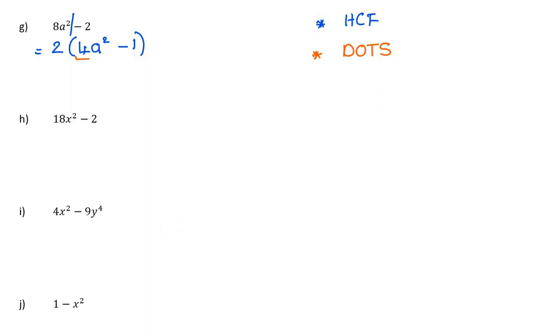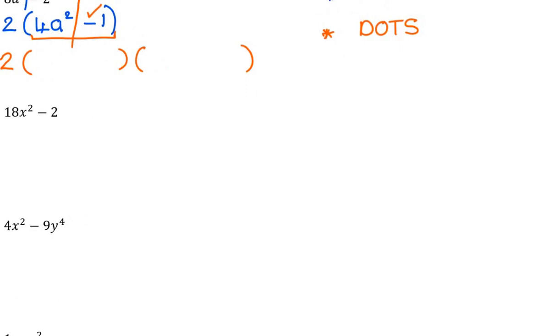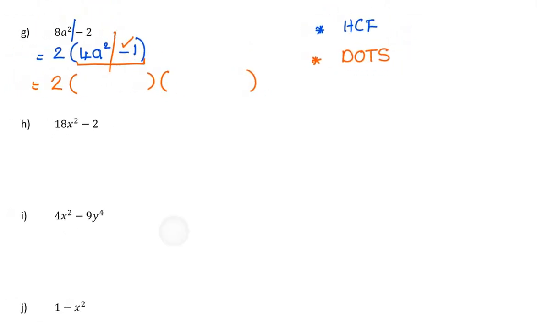Now if I look at this bracket, that looks like a difference of 2 squares because there are 2 terms inside the bracket. There's a difference and they're both perfect squares. So my 2 is still going to stay there, but this bracket is going to further factorize into a binomial times a binomial. So all I'm doing now is taking this entire bracket and factorizing it into a difference of 2 squares.